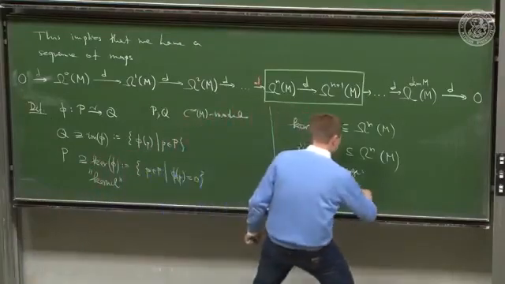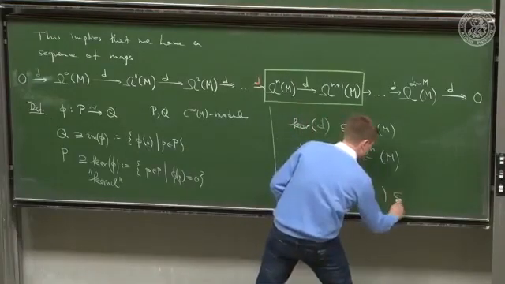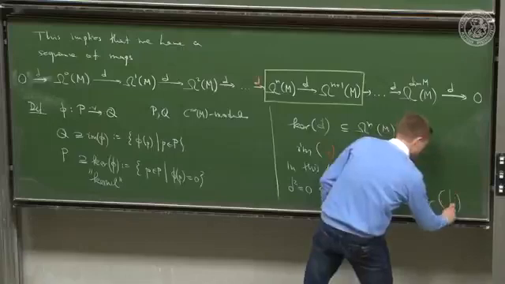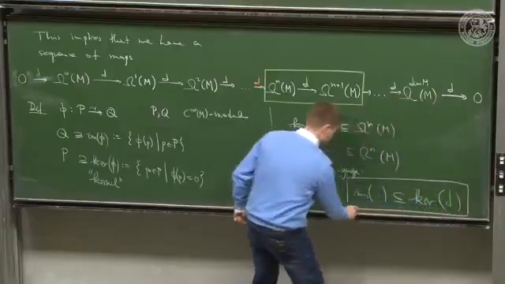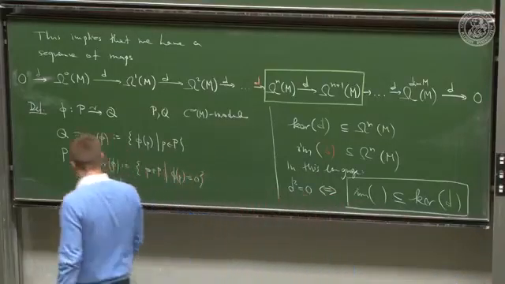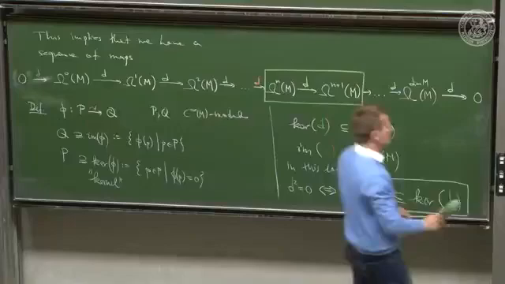So the image of the red D is a subset of the kernel of the green D. Well, it's a subset. And let's give elements in these subsets names, because they're very important subsets.